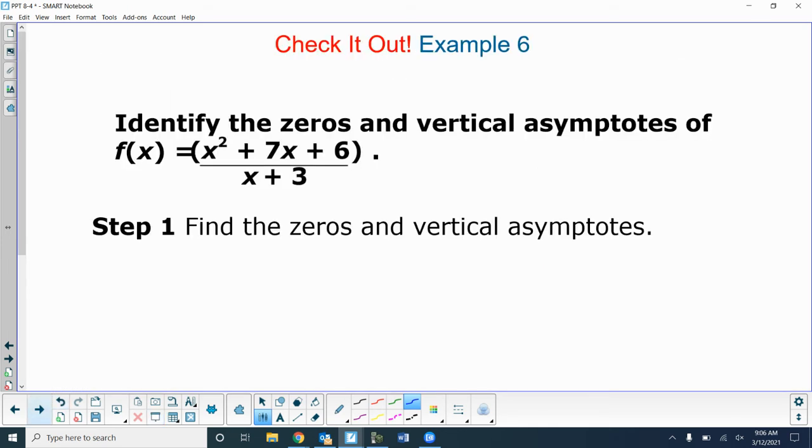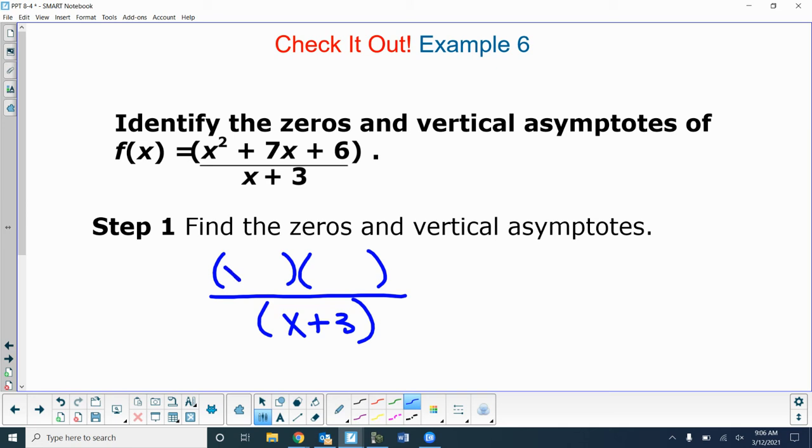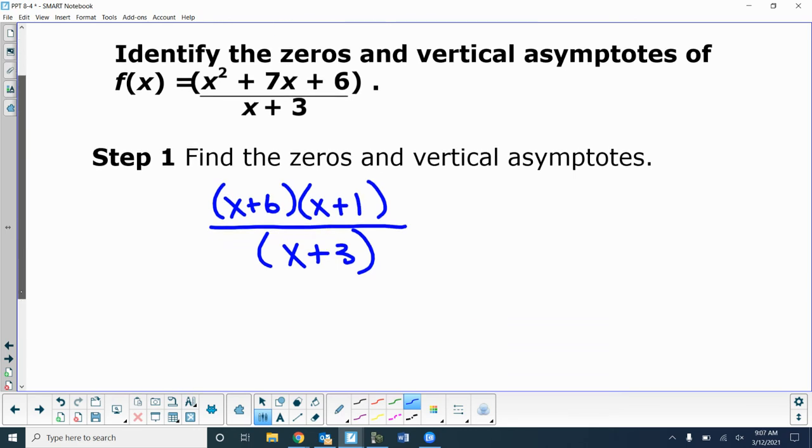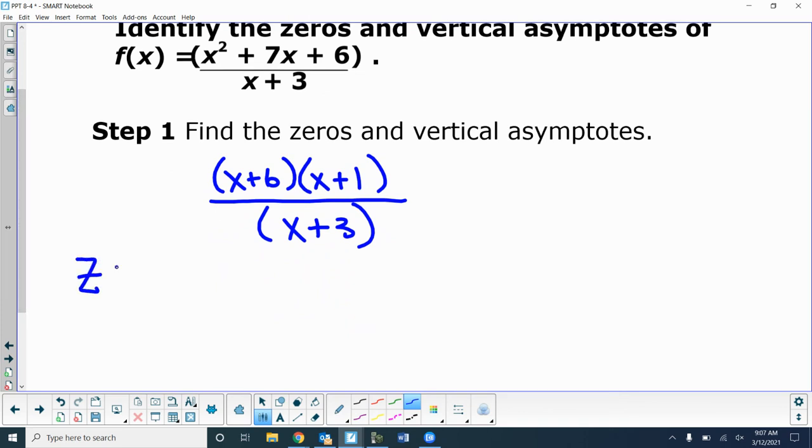All right, so to find the zeros, let's factor the top. There's no GCF. What are the factors of +6 that add up to 7? +6 and a +1, right? So the zeros are what? -6 and -1.